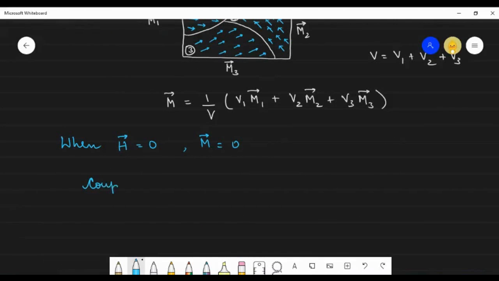So coupling interaction is responsible for formation of domains. That is regions within the magnetic material where adjacent atomic dipoles are aligned along the same direction.